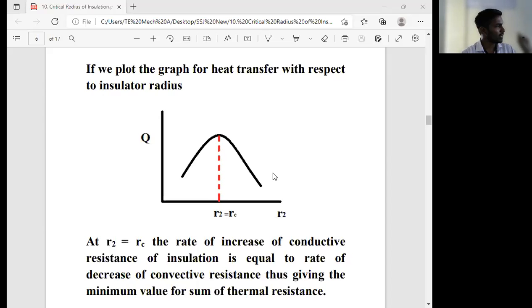Okay, so whatever the insulation we are using for that particular wire having radius less than critical radius of the insulation, so that maximum heat transfer will take place into the surrounding. Okay, all of you get this point? For the cables, maximum heat transfer takes place into the surrounding.